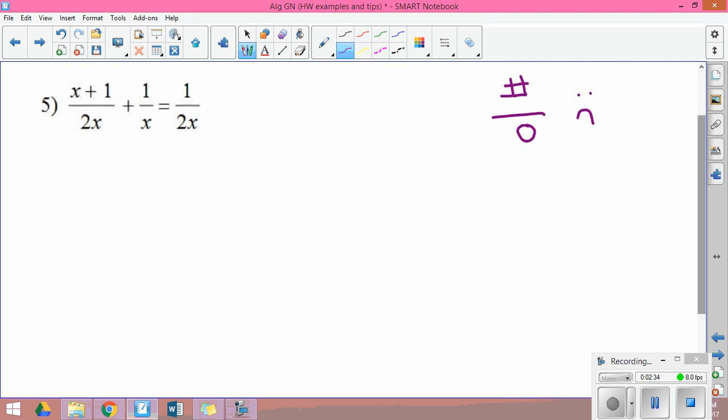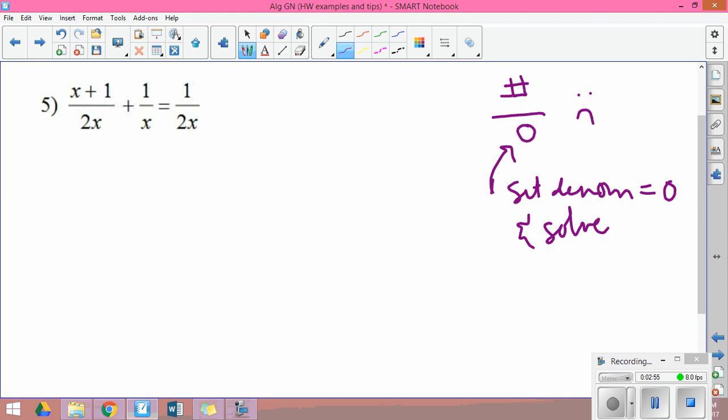So what we always want to do is find out those values of x, what values of the variable would make this happen. And so you're going to set your denominator equal to 0 and solve. So you're going to have this little baby problem you have to do off to the side.